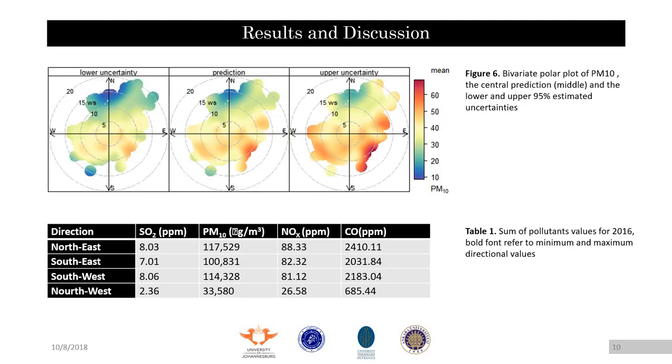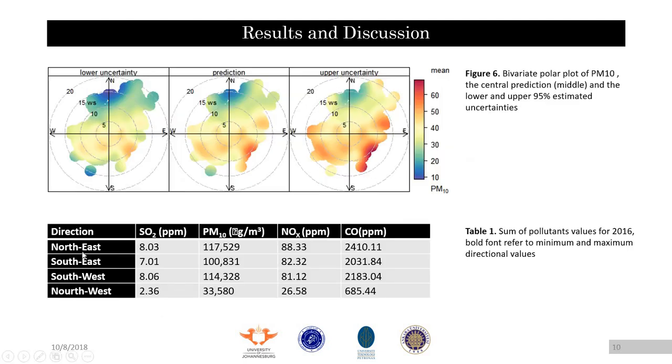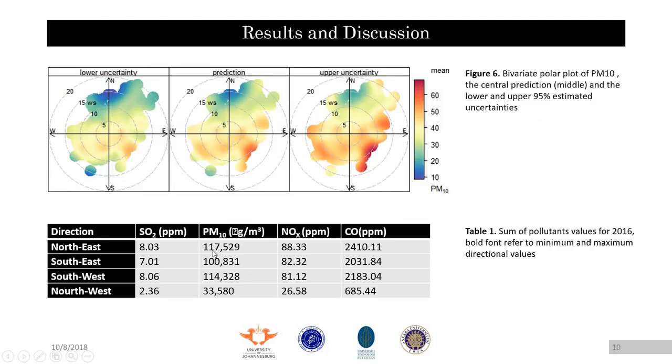On the table here, the 4 directional zones in table 1 show the highest value of all the pollutants registered from the northeast. You notice here, especially for the PM and the NOx.